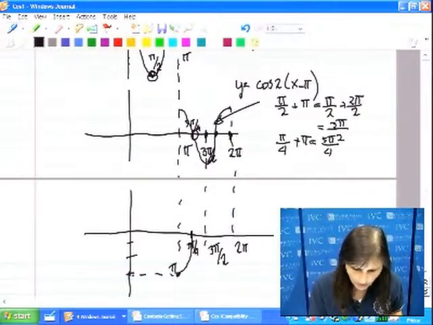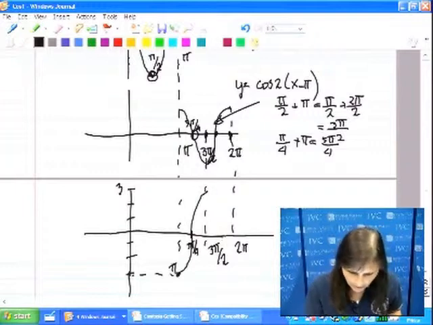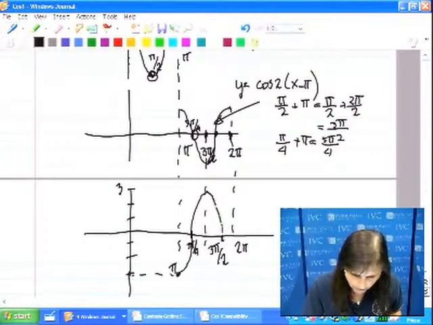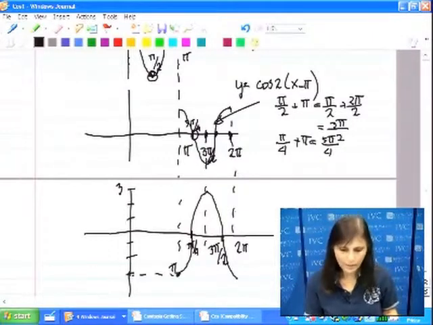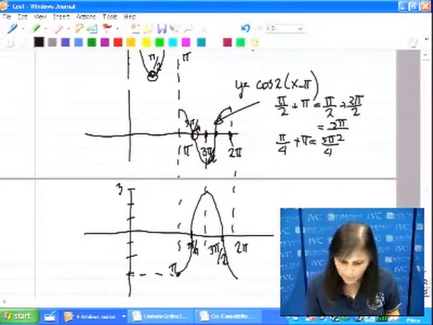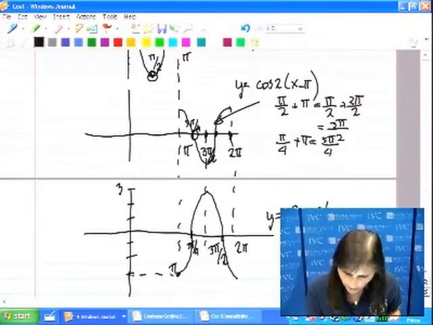And then it used to be at 1, so it's going to be at 3 now. It's going to go up all the way there. And it's going to go down and end up at negative 3. Very good. So that is the picture of negative 3 cosine 2(x minus pi).